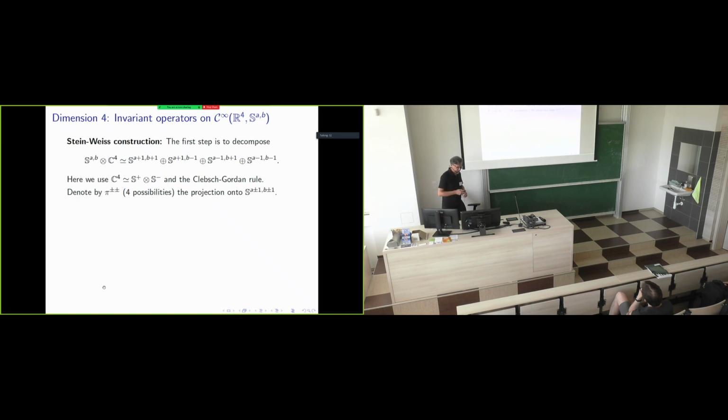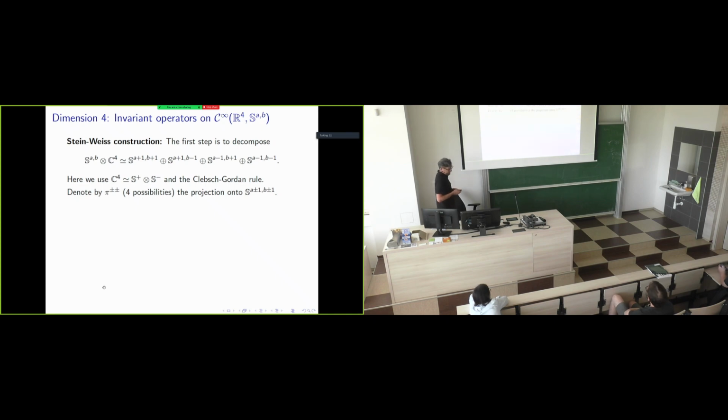As we know, the first step of the Stein-Weiss construction is to decompose this tensor product. It has 4 pieces with labels differing by plus or minus 1 from the given label AB. Here we use the fact that the defining representation C^4 is the tensor product of the basic spinor representations and the Clebsch-Gordan rule for SL2.